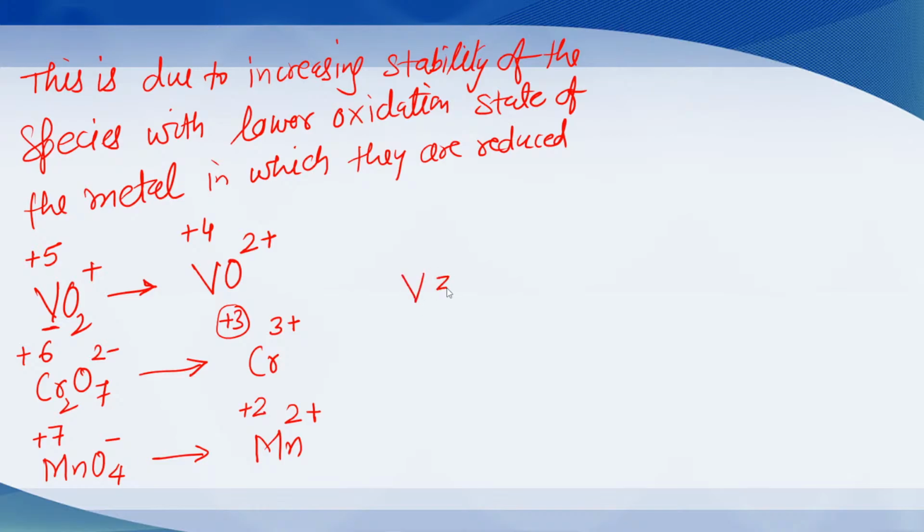Vanadium is atomic number 23, so it is 3d3 4s2. So vanadium in +5 state is 3d0, and vanadium in 4+ it is 3d1.